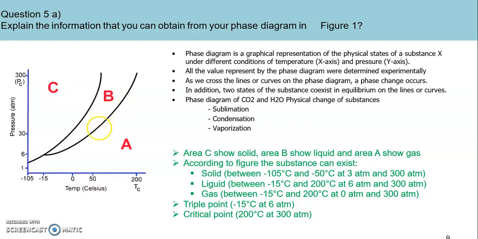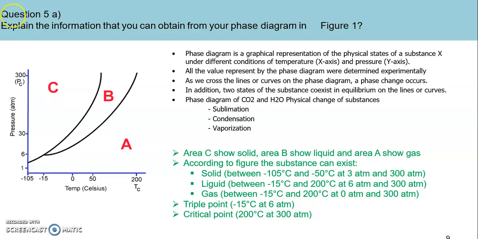Besides, two states of the substance coexist in equilibrium on the line or curves. So phase change involves the process of sublimation, condensation, evaporation, and others. All of this involves energy at a given pressure and temperature.